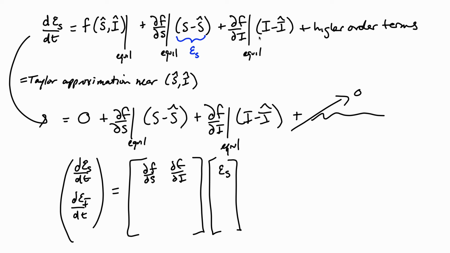And this bit, I minus I hat, is the definition of epsilon I. So down here, this s minus s hat becomes epsilon s, and the bottom part of my matrix becomes dg by ds, right, because I defined this to be some function g, dg by dI, all multiplied by epsilon I.